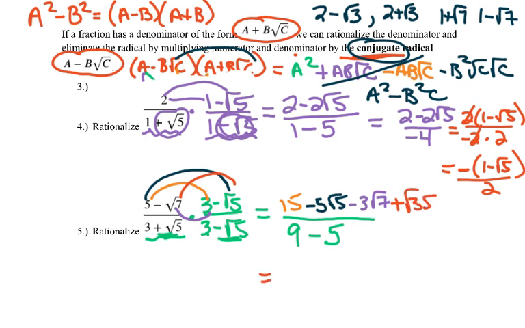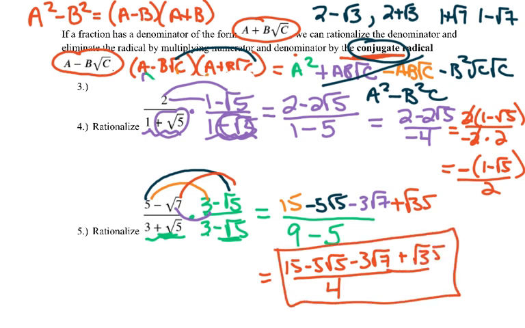The only thing we can simplify really is just the numerator, because all of my radicals have different numbers underneath, so I cannot combine them at all. And we'll have a 15 minus 5 radical 5 minus 3 radical 7, and finally plus radical 35. And that's all you can do for that expression.